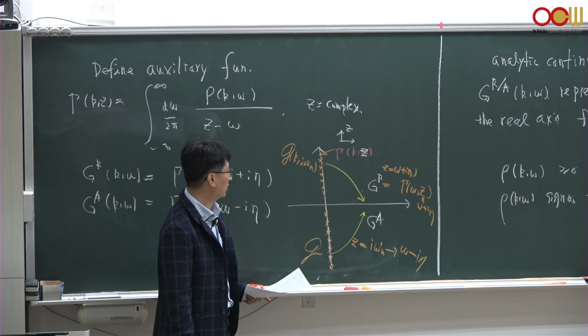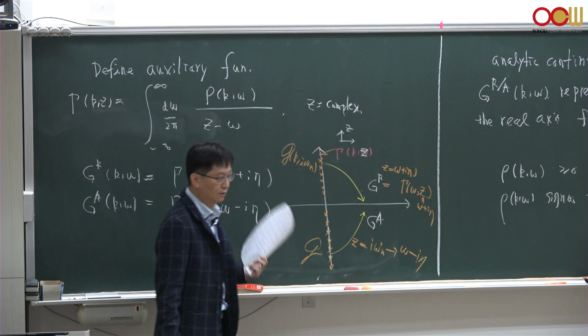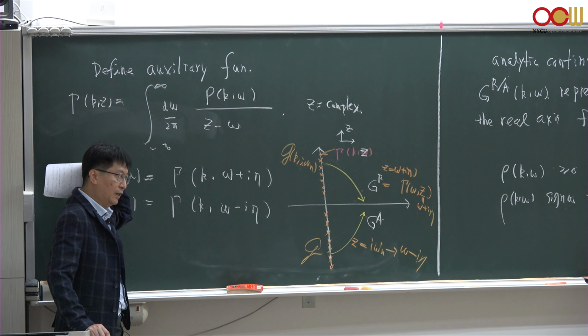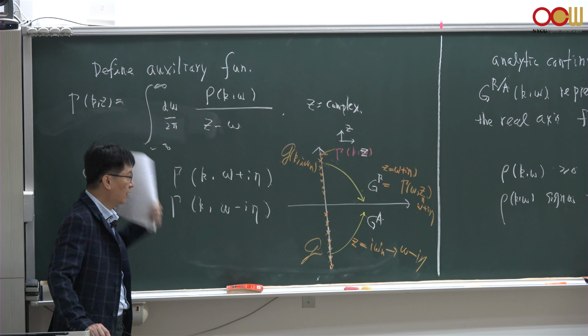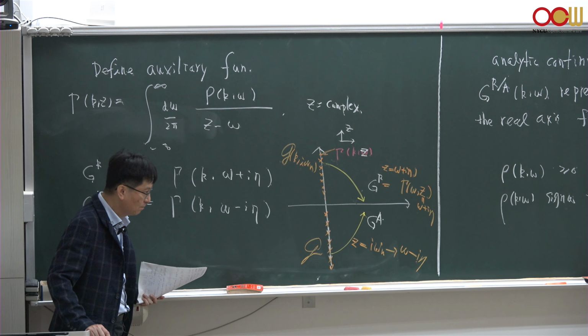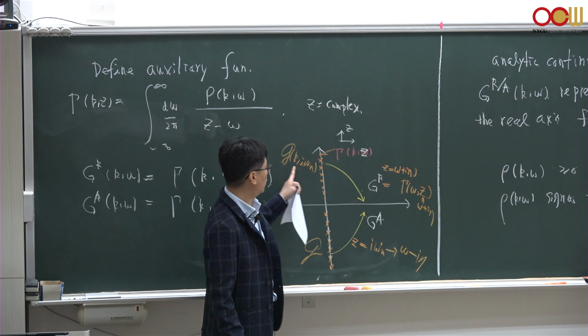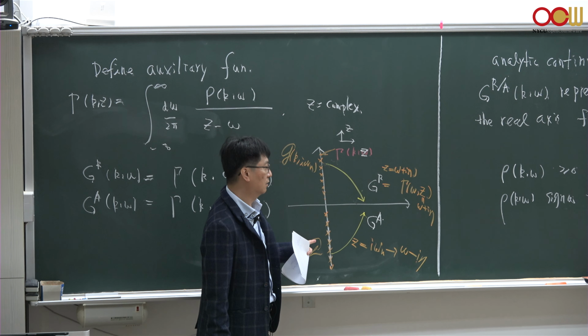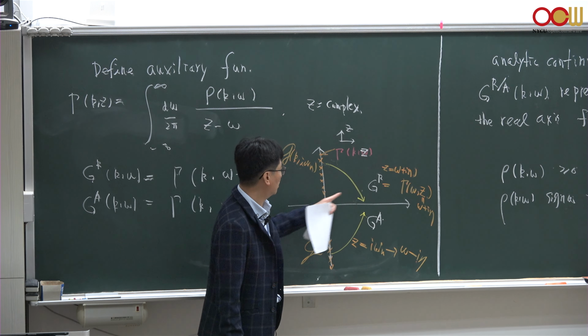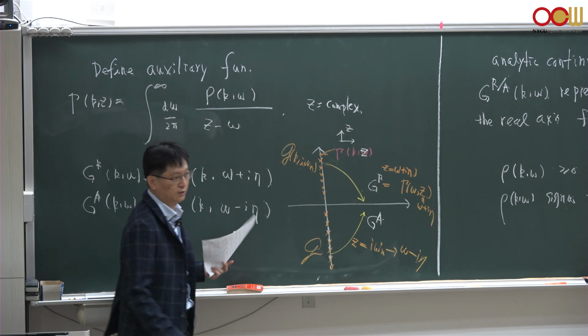What I'm trying to say is this mapping between imaginary and real axis of the same function. The gamma function is the same function, but it corresponds to G italic along the vertical imaginary axis, and it corresponds to G retarded and advanced on the real axis.